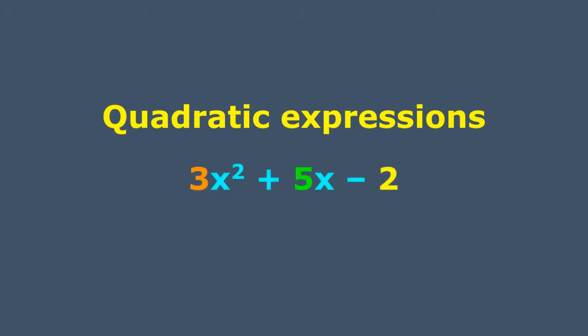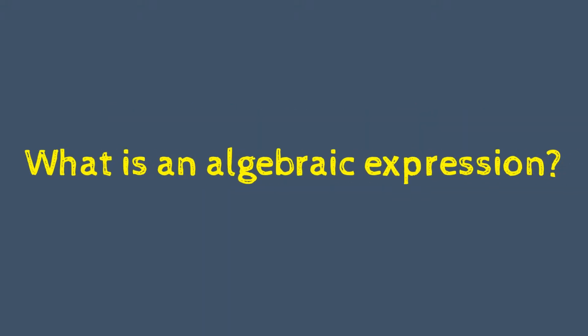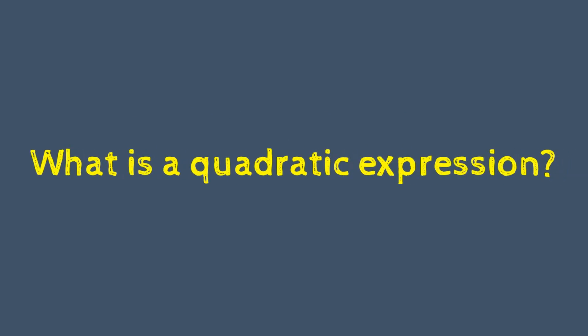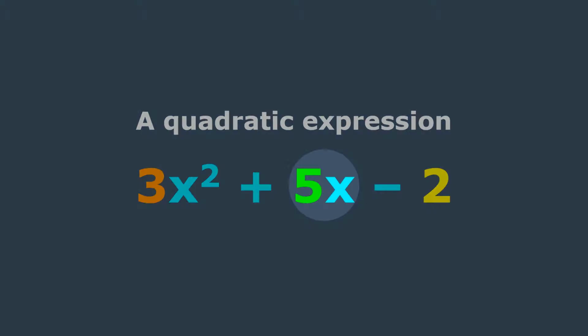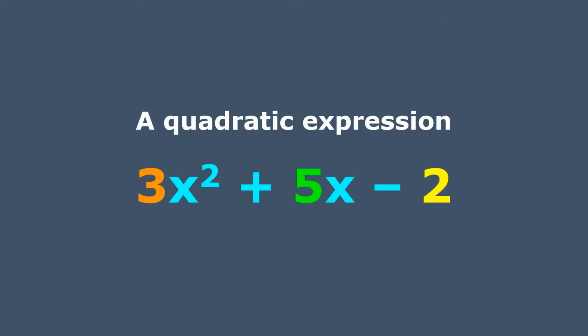Quadratic expressions. The last to be discussed in this video are quadratic expressions. An expression is a collection of mathematical symbols, such as x and y, and operations, such as plus and minus. A quadratic expression typically contains a squared variable, usually x squared, a number multiplied by the same variable, and a number.